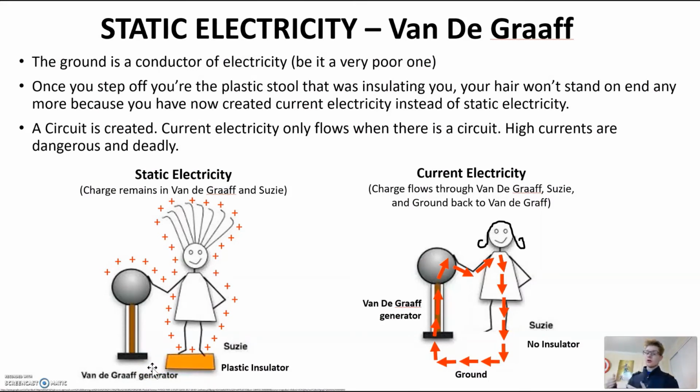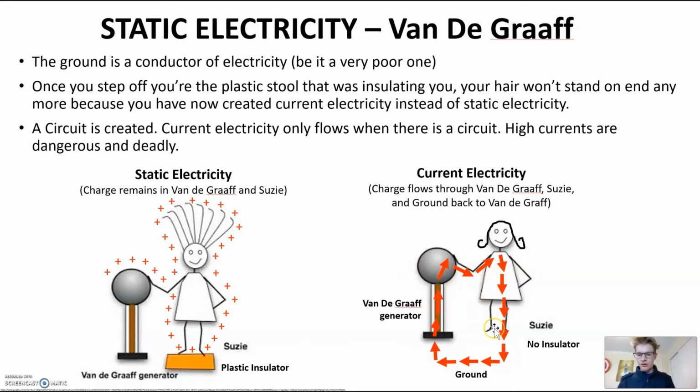What you're going to learn as we continue through this topic is that the ground is just like a wire. Ground is a conductor of electricity. It's a really terrible conductor, but it is a conductor nevertheless. Plastic's not a conductor. You can't run electricity through plastic, or most plastics anyway. But the ground is a conductor.